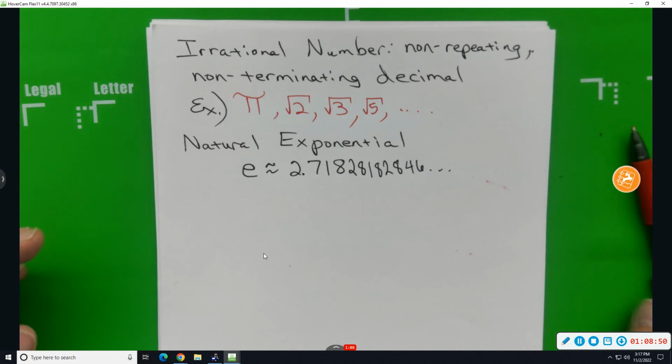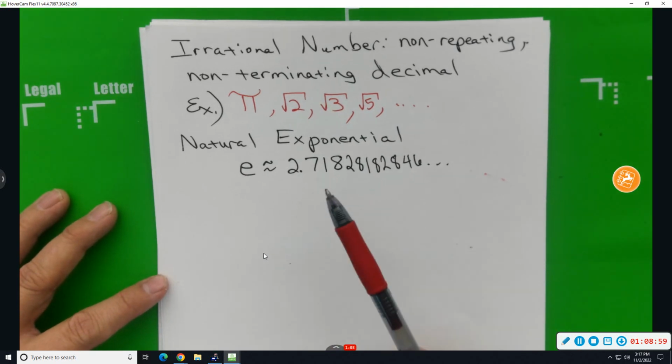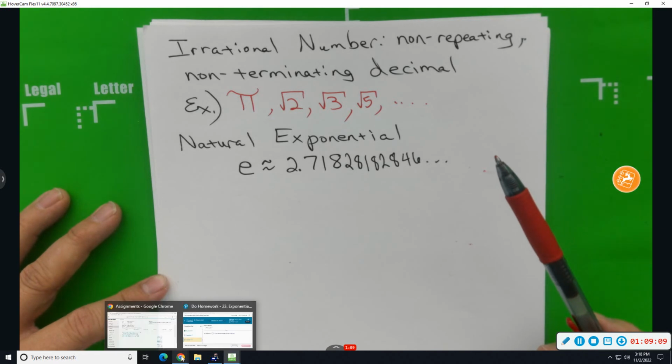For our purposes, all you have to know with regards to natural exponentials is that e is irrational. You cannot write e as a power of anything other than e. So if you have an e as a base on one side, you better have an e on the other side, or you're not going to be able to get a common base.